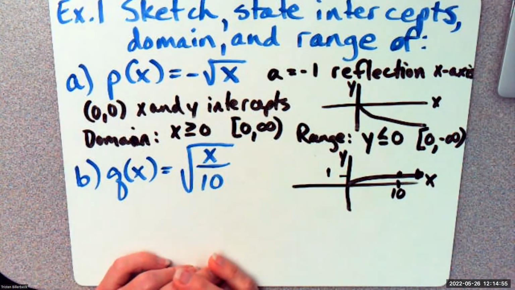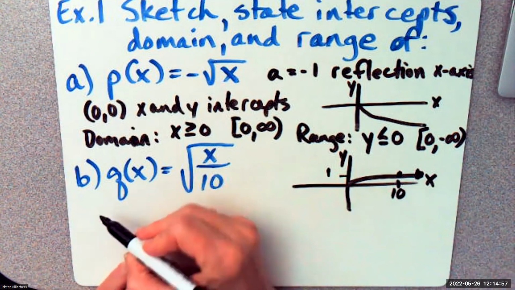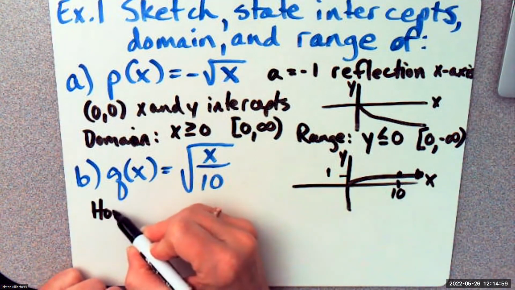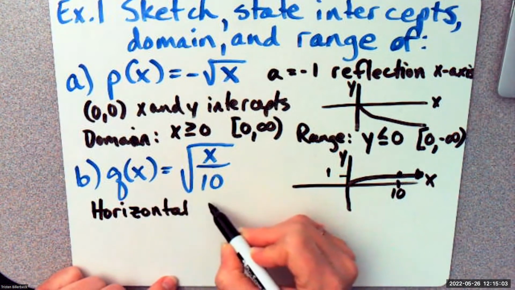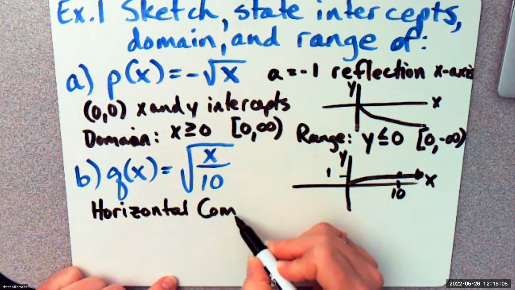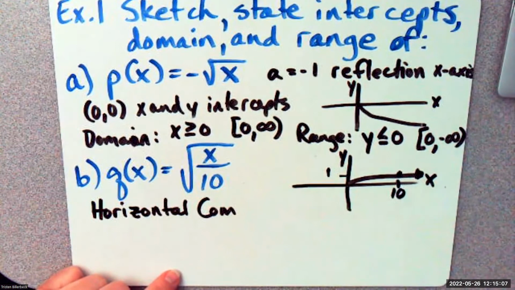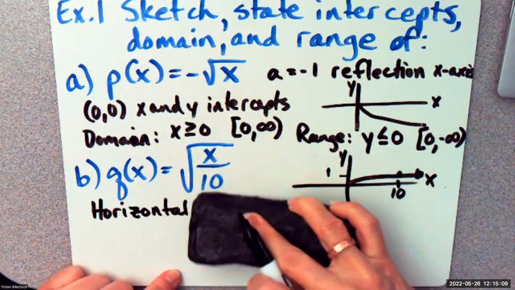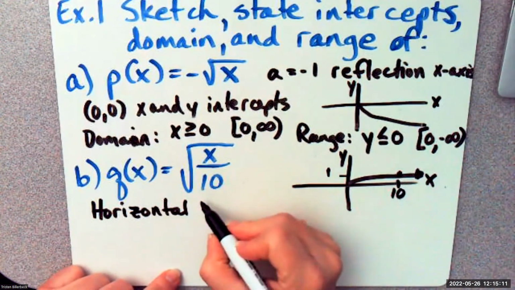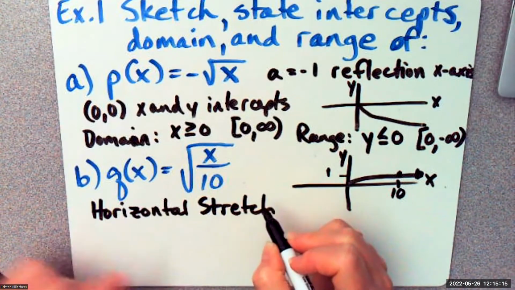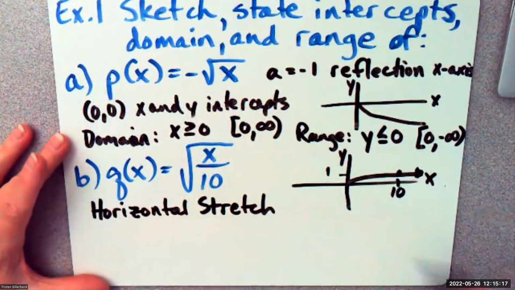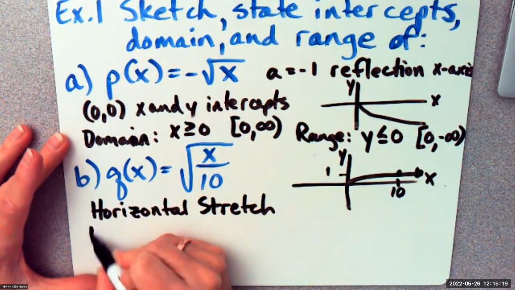All right, so what we have here is a horizontal compression. I'm sorry, a horizontal stretch. It's a vertical compression. So it's stretching toward the x-axis. And then let's look at our domain.